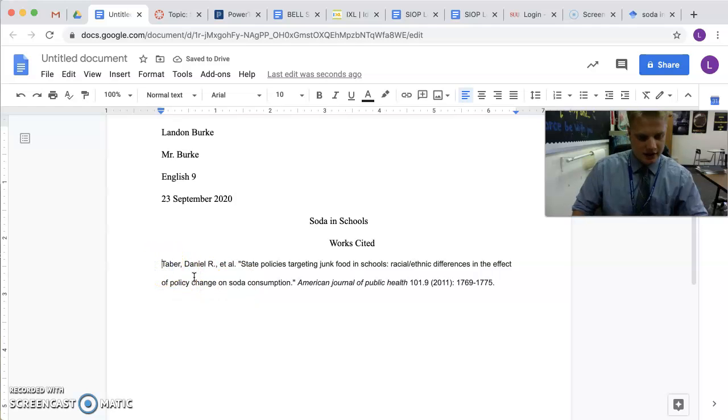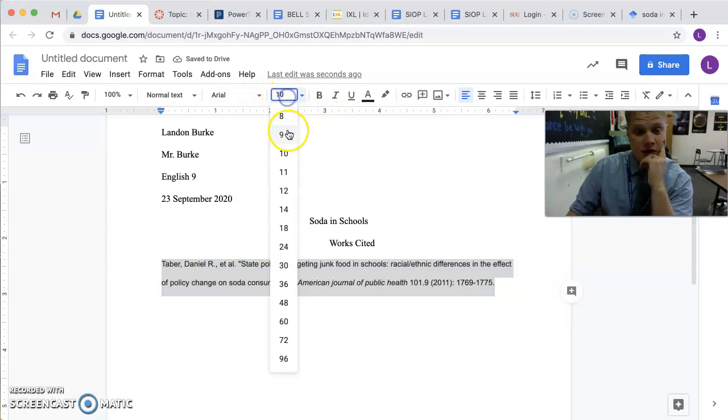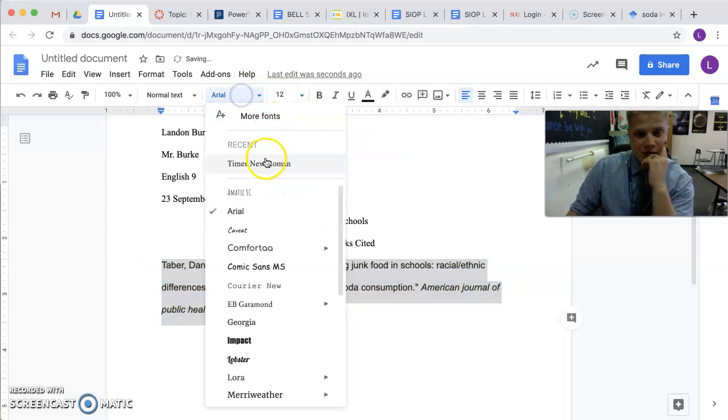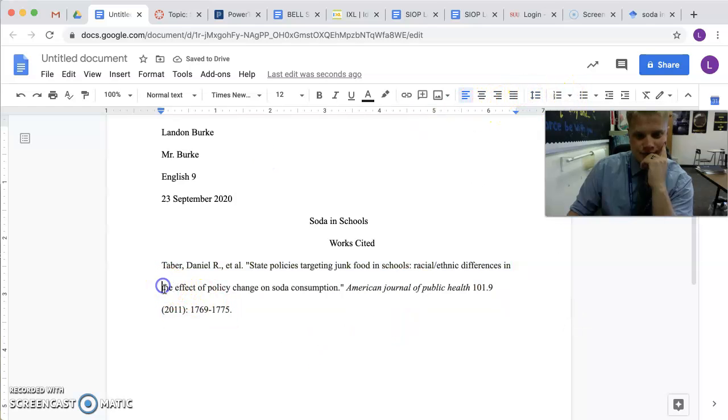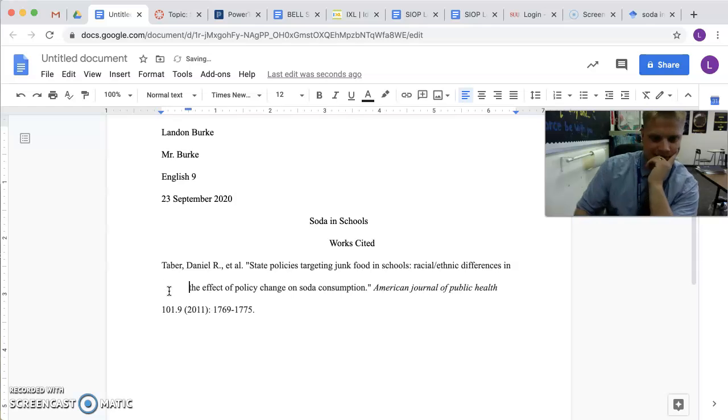Alright, so then I go my second line. I don't know why my computer is being very slow. But I fixed my formatting issues, and then I get my hanging indent.